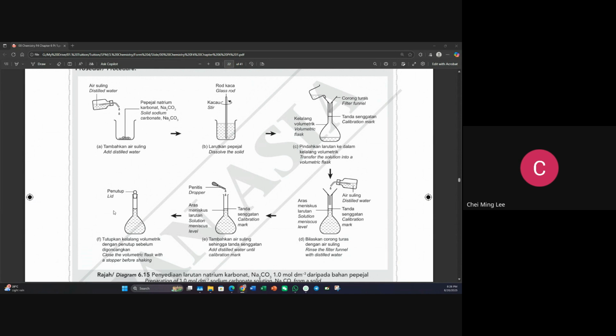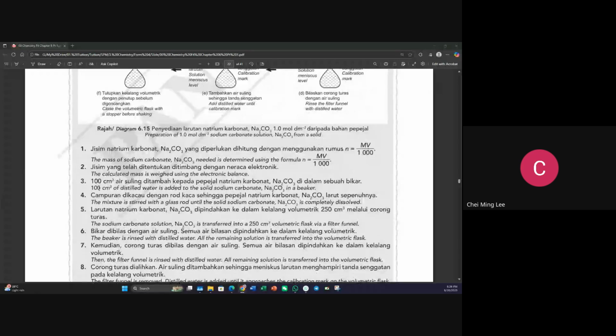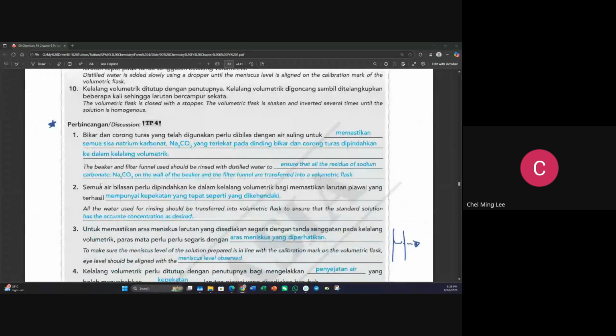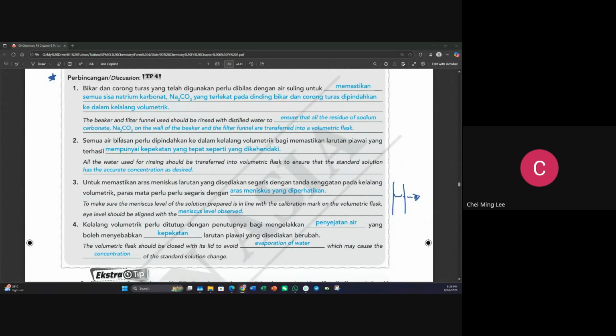That is especially for your usage in the lab. So, to make a standard solution, first the beaker and filter funnel should be rinsed with distilled water to ensure all the residual sodium carbonate on the wall of the beaker and the filter funnel is transferred into the volumetric flask.